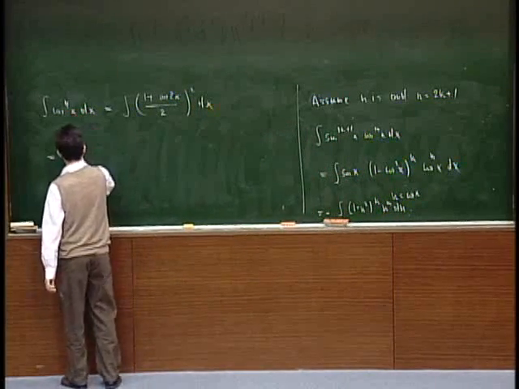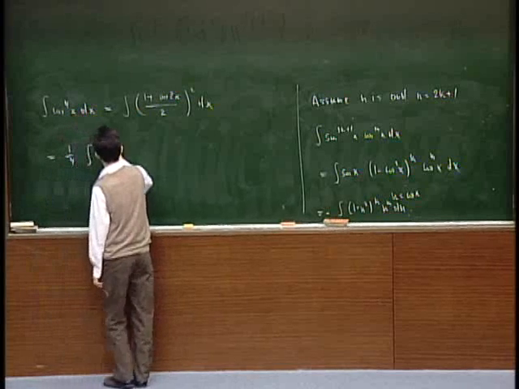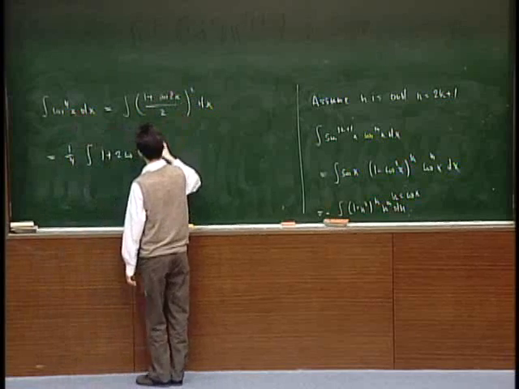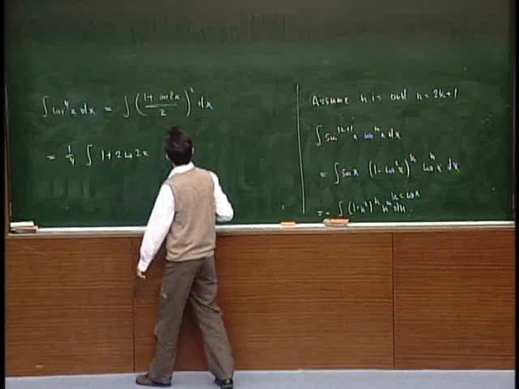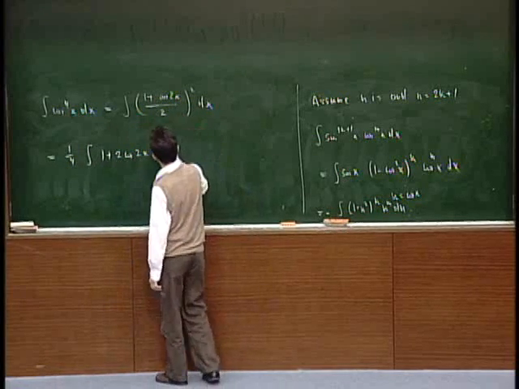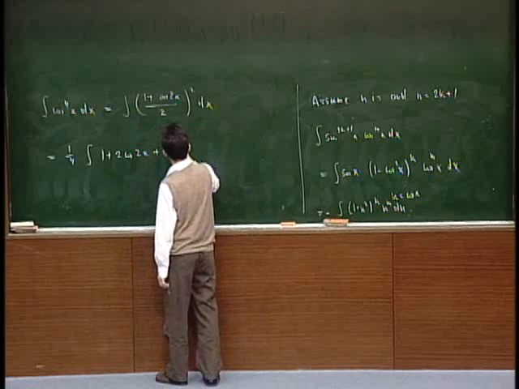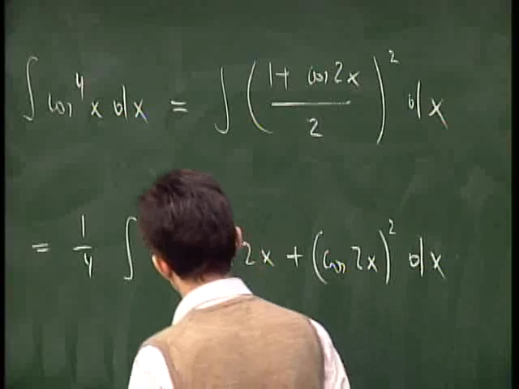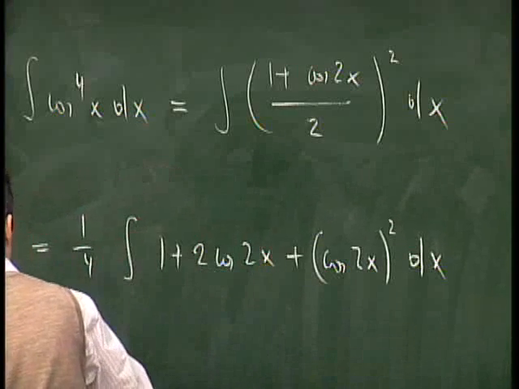Now this is 1 over 4, and you have to integrate this out here. You have to multiply this out. So you have the integral of 1 plus 2 times cosine of 2x plus cosine squared of 2x dx. And this is now not complicated to compute.